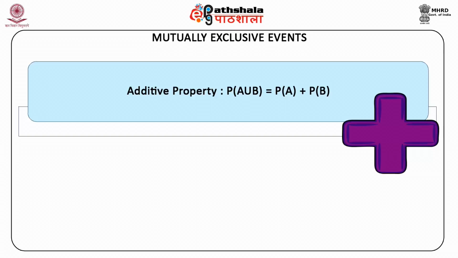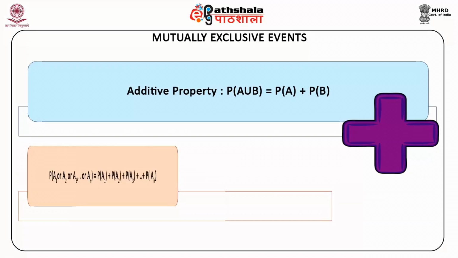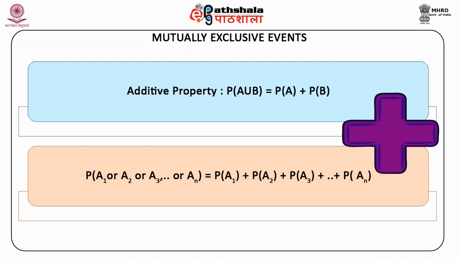This additive law holds generally for any number of events. Thus, given n mutually exclusive events A1, A2, A3 up to An, we have probability of A1 or A2 or A3 or An is equal to probability of A1 plus probability of A2 plus probability of A3 and so on up to probability of An.